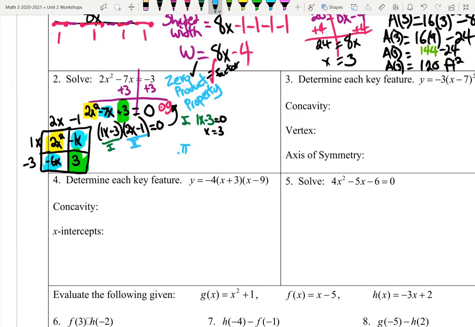Case 2, I'm going to have 2x minus 1 equals 0. And then I'm going to add 1 to both sides. Now, to get the x by itself, I have to divide by 2, leading me to the fraction 1/2. My solutions are x is 3 and 1/2.